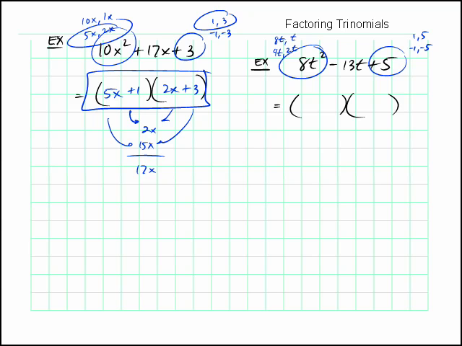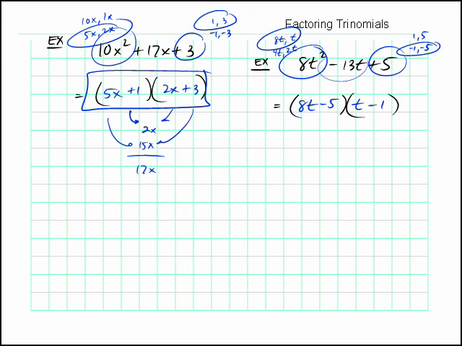So this time, seeing how I need a negative 13t for the middle term, I'm going to try the 8t and the 1t, and I need some negative numbers here. I'm going to try this one, the negative 1 and the negative 5, but I'm going to put the negative 5 here and the negative 1 there.